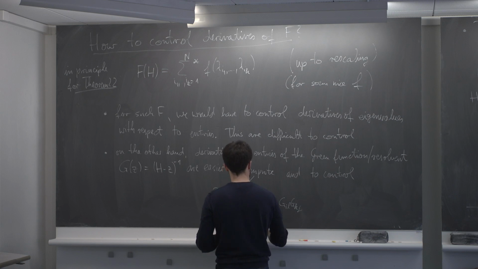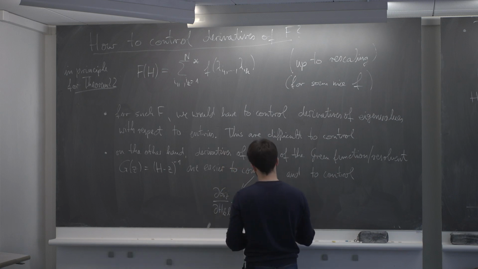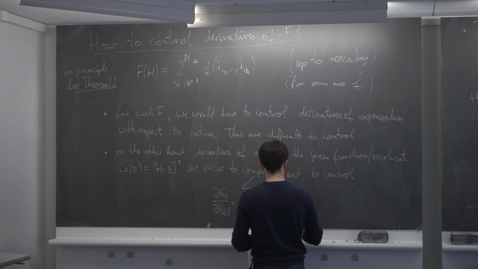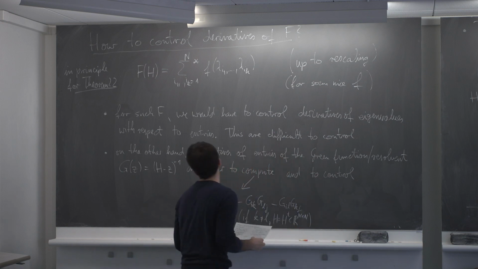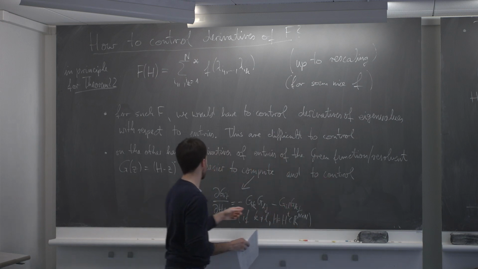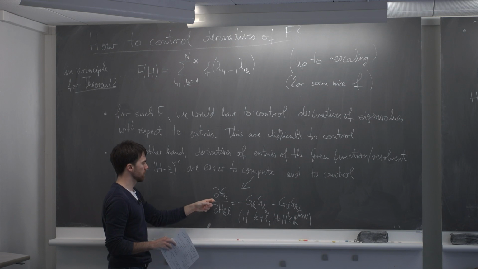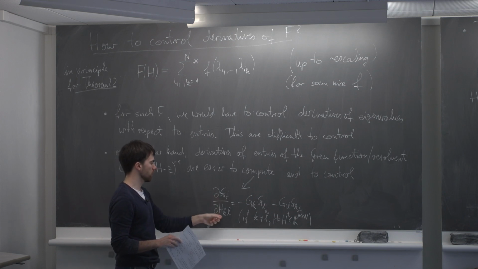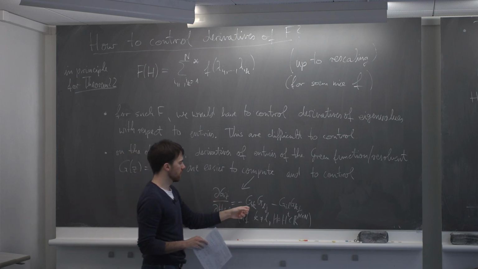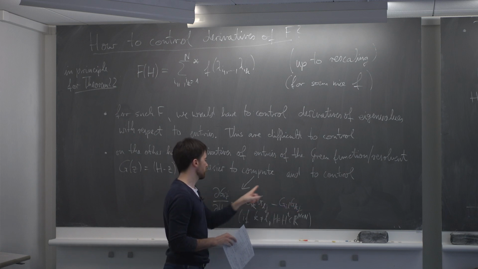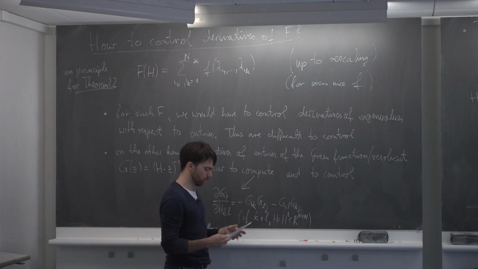Maybe I want to assume that K is different from L and H is real or something like this. So that means that if I compute the derivative of a resolvent entry with respect to an entry of H, then I get back other resolvents. But these kinds of resolvents we can control by the local law.